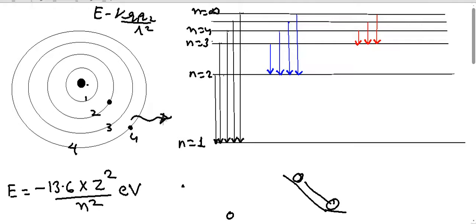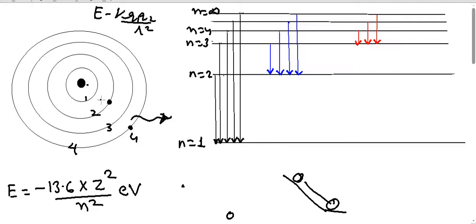So it will release a photon whose energy is the difference between the two levels, from conservation of energy. Again we are using the conservation of energy. So when an electron goes from the fourth to the first orbital, it will release a photon which has the energy equal to the difference in energy between the fourth orbital and the first orbital.